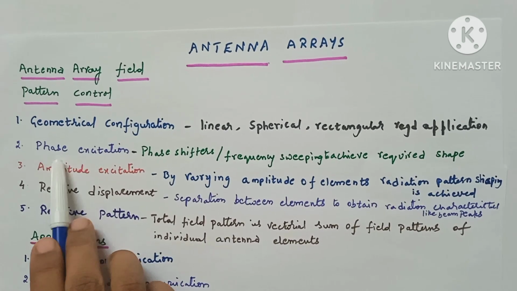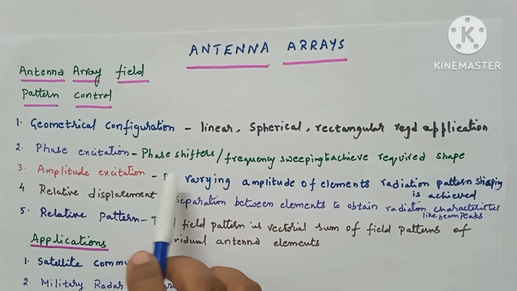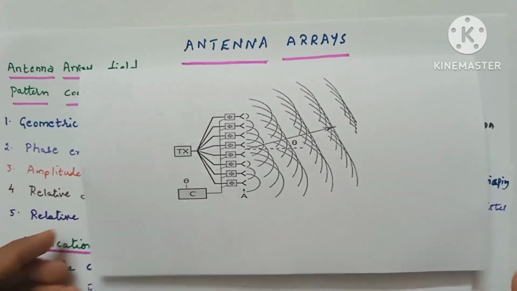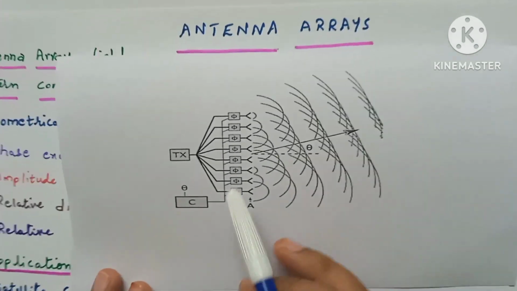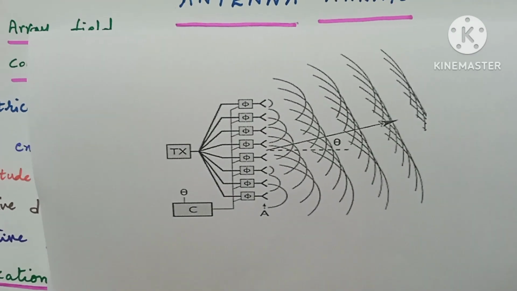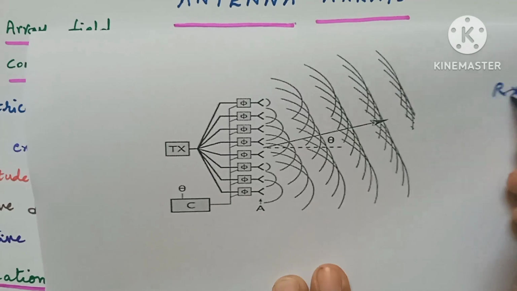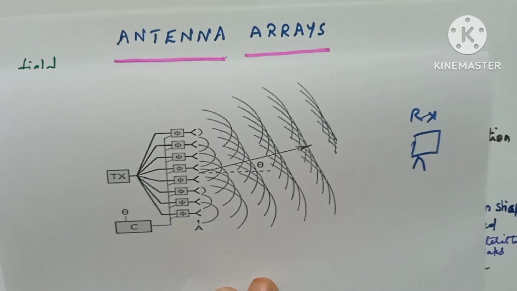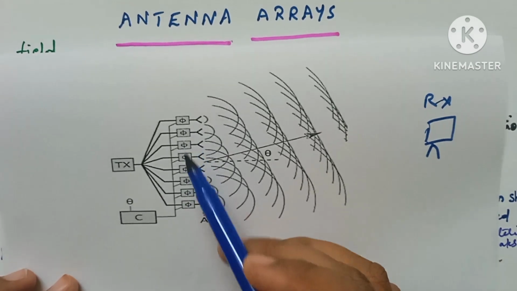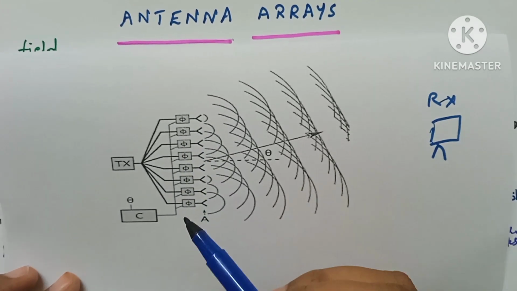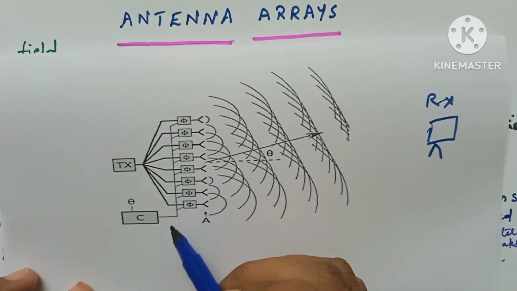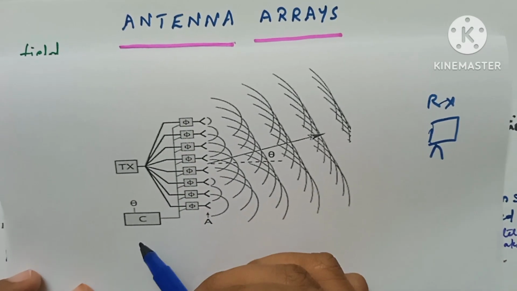In the second case, phase excitation, for example, we will be using phase shifters. You can see in this diagram, this is the transmitting antenna, and somewhere at this end we have the receiving antenna. All these five symbols you can see are the phase shifters. According to our requirement, we link all of these to a common shifter point.